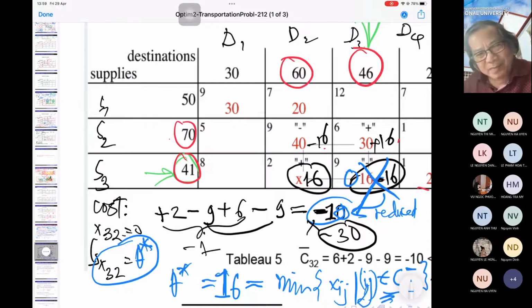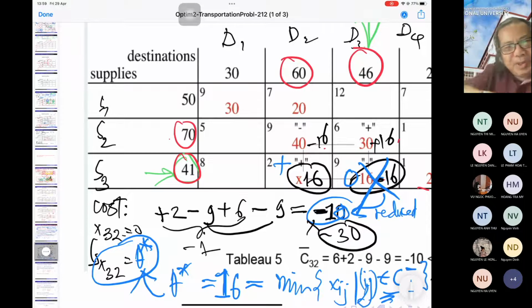And the minimum of this is actually the minimum of all the flow in the minus cells, the maximum that you can move to x32 here in order to reduce as much as possible.